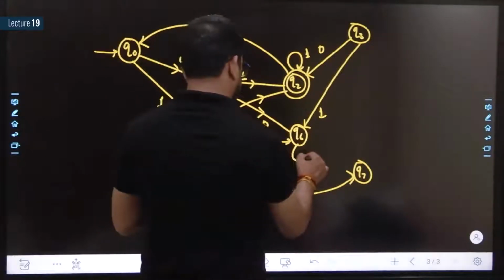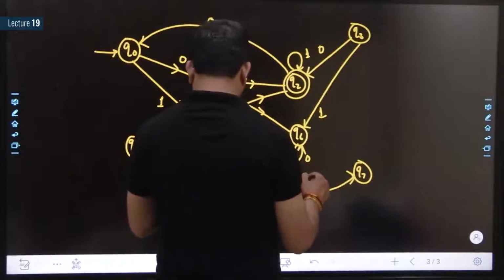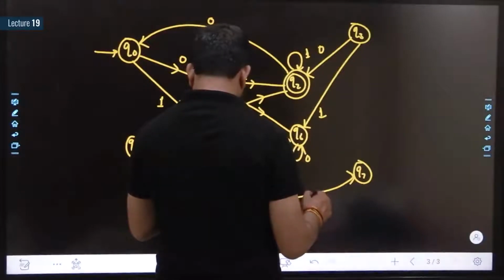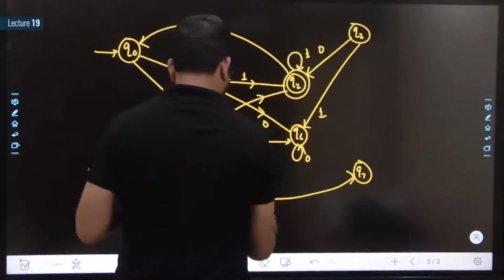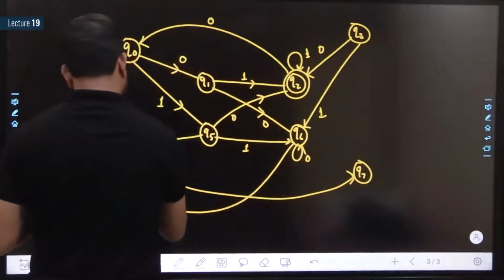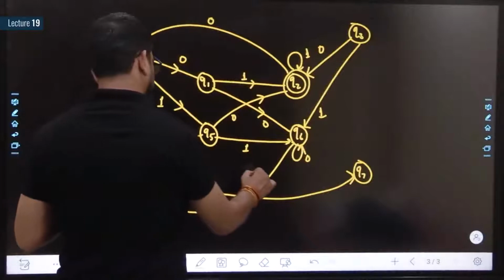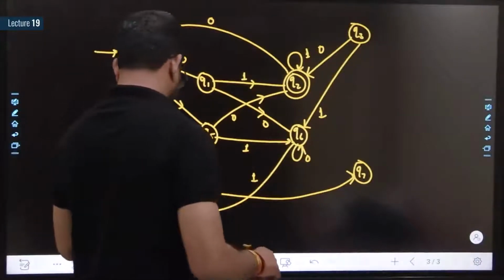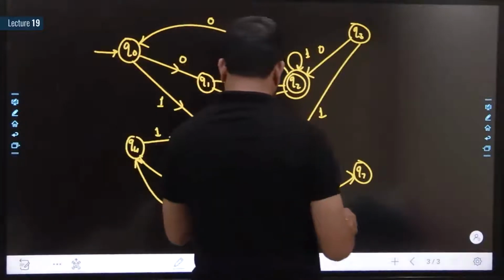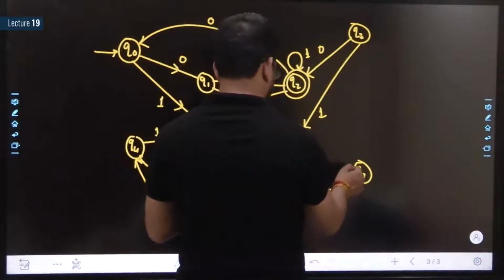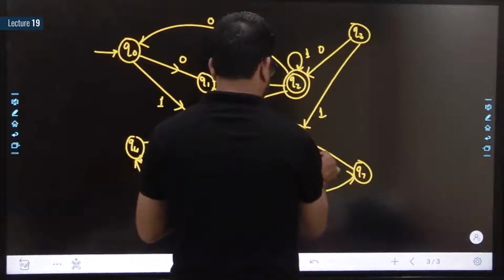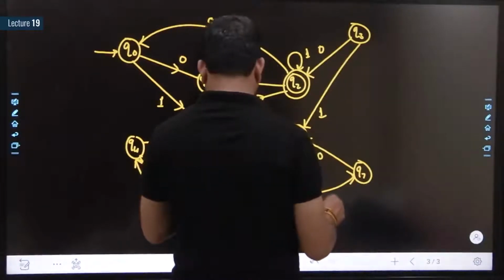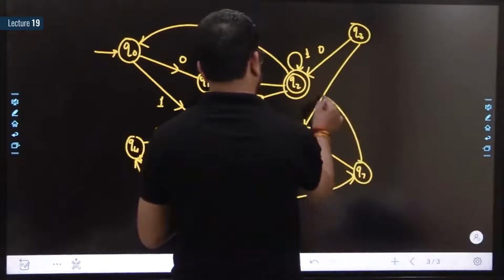Q6 on 0, Q0. Q6 on 1, Q4. Q7 on 0, Q7 on 1, Q2.